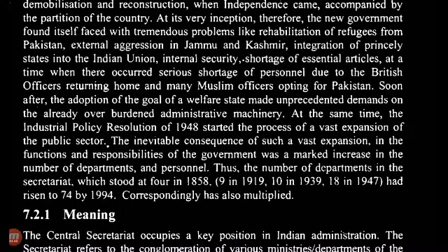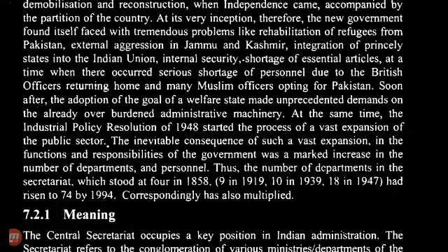officers opting for Pakistan. Soon after, the adoption of the goal of a welfare state made unprecedented demands on the already overburdened administrative machinery. At the same time, the Industrial Policy Resolution of 1948 started the process of a vast expansion of the public sector.